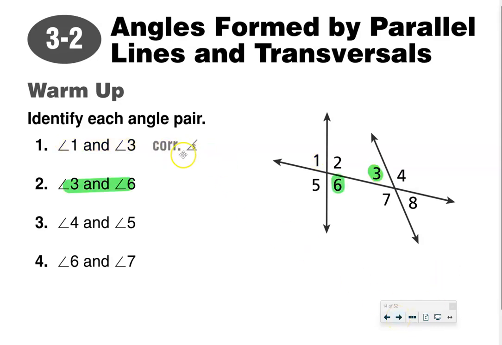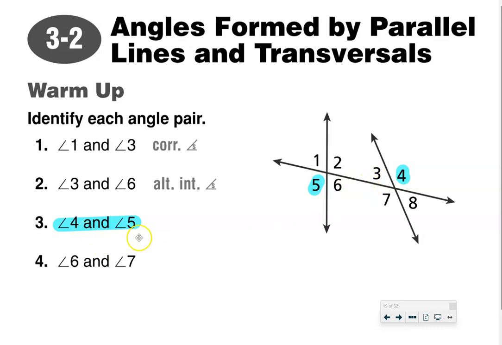Alright, that's going to be corresponding angles. They abbreviated here, corresponding angles. See if you can name 3 and 6. Okay, that's alternate interior, alternate interior. So they went across this way, alternate interior.